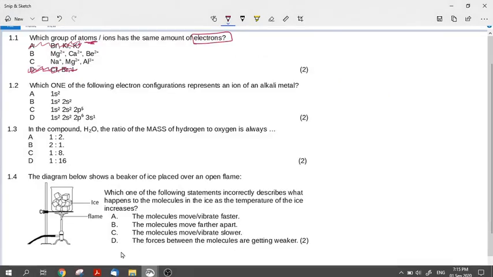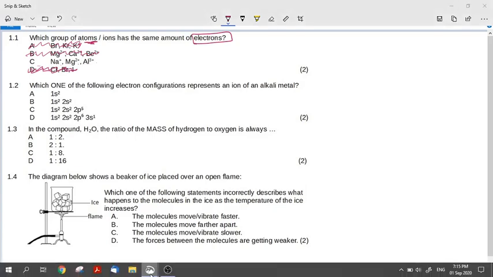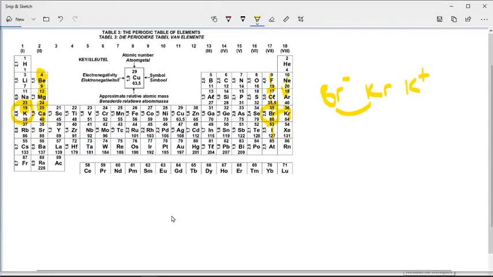Okay. So that leaves us with this other answer here, sodium, magnesium, and aluminium. Now sodium's lost 1 electron, magnesium's lost 2, and aluminium's lost 3. If we look on our periodic table, here is sodium, here is magnesium, and here is aluminium, 11, 12, 13.